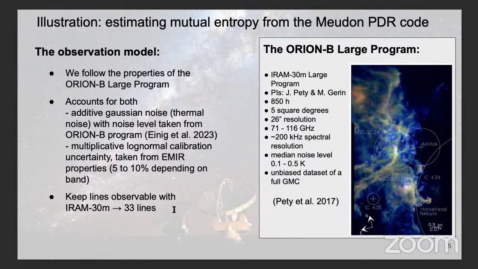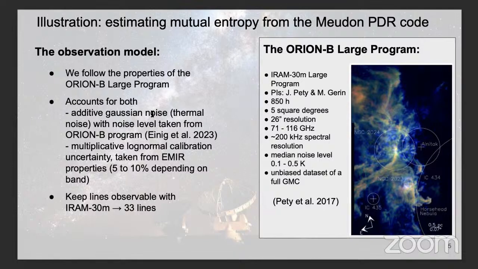So here we are simulating the setting of the Orion B large program, an IRAM 30-meter large program led by Jérôme Pety and Maryvonne Gerin, which aimed at obtaining an unbiased data set for a full GMC.